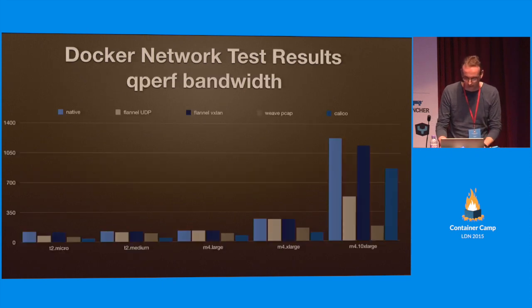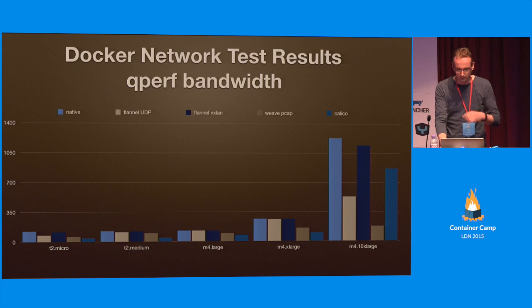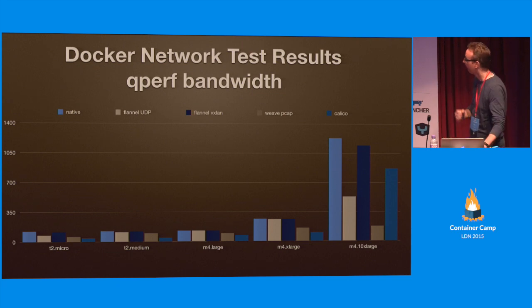And if we look at the charts now, again, we notice the N for 10 extra large. Flannel in the UDP implementation, which uses the user space, is pretty low, but the VXLAN is almost as good as the native performance. Weave is lagging, and Calico as well, a bit.